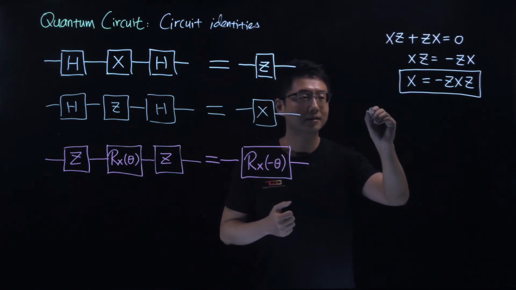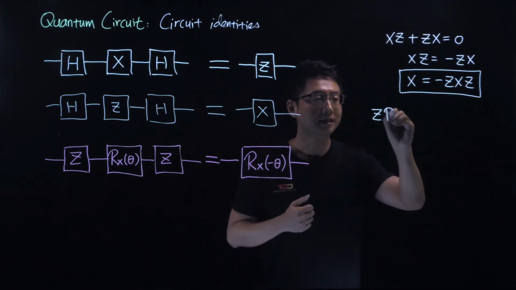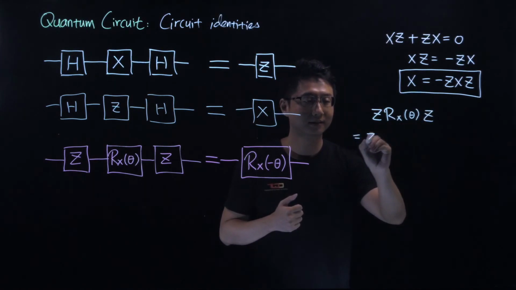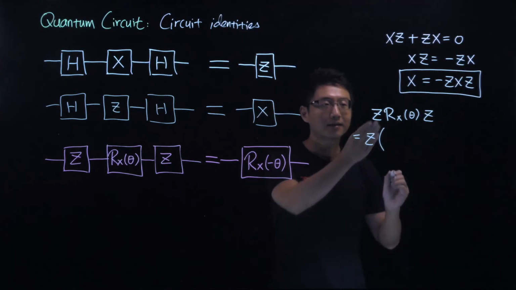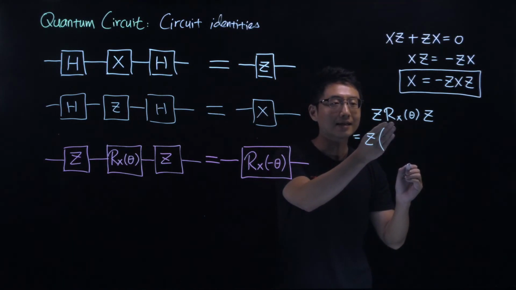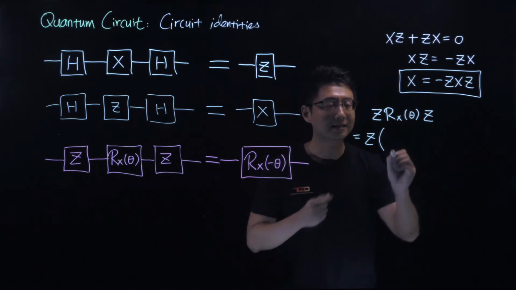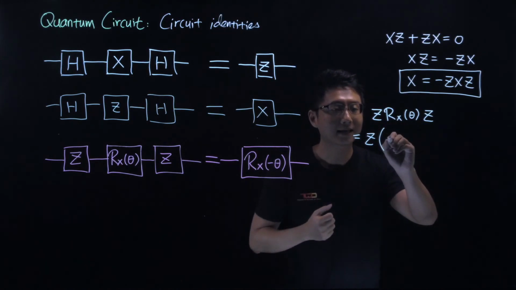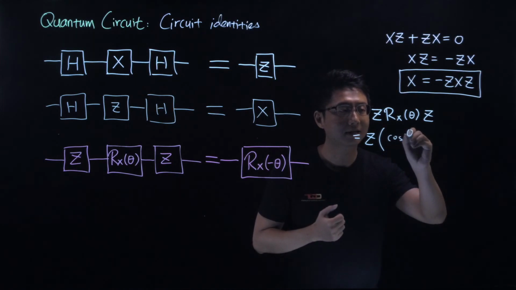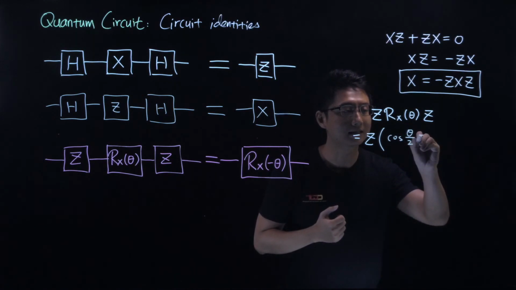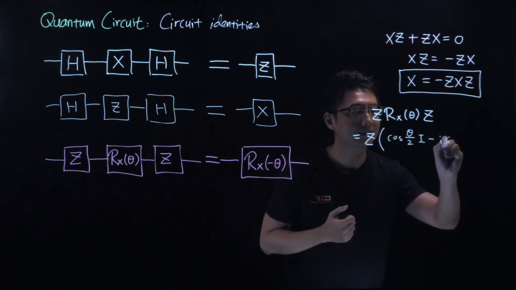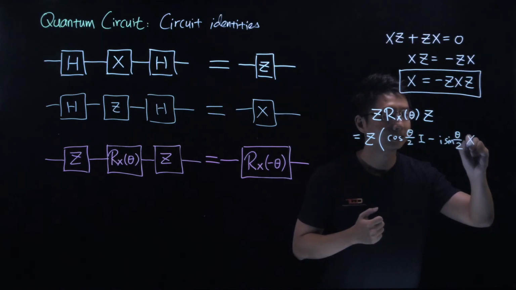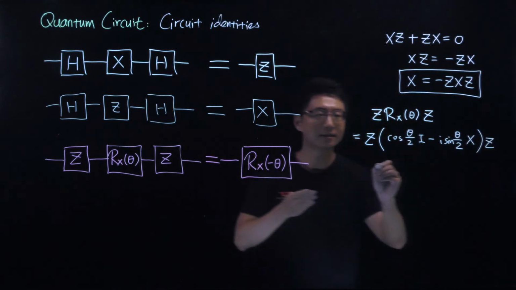So we have Z, rotation around the x-axis by an angle theta, followed by another Z. We remind ourselves that the rotation around the x-axis with the angle theta is simply e to the power of minus i theta over 2 times the operator X, and that is cosine of theta over 2 times the identity, minus i sine theta over 2 times the X operator, and another Z operator behind.